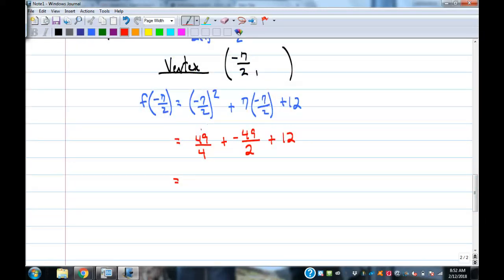So that's going to be negative 98 over 4, that'd be negative 49 over 4 plus 48 over 4, which is what 12 is, which is negative 1/4. And you can use a calculator to help you get that. So the y value is negative 1/4. So there we have our vertex. Again, calculators are more than legal on this.